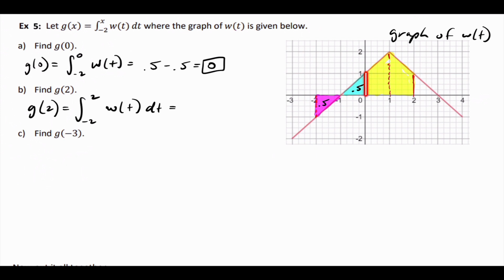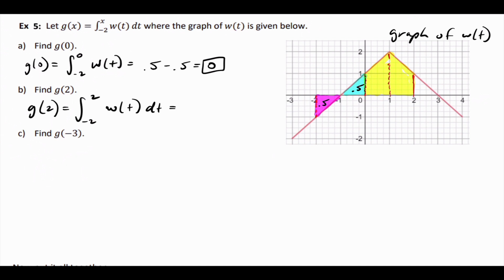So base 1 is 1. Base 2 is 2. If I add those together, I get 3. So 3 times the height. The height is 1. So 3 times 1 is 3, and the last thing is divided by 2.